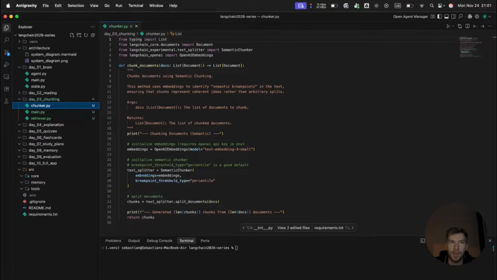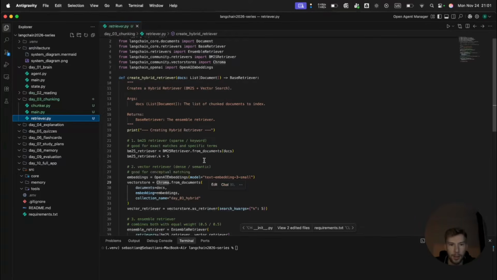We use BM25, which is a classic search algorithm used in search engines. It finds documents based on exact words in the query, while Chroma is a vector database. Instead of matching words, it matches meanings using embeddings. That's hybrid retrieval, and it's extremely reliable.